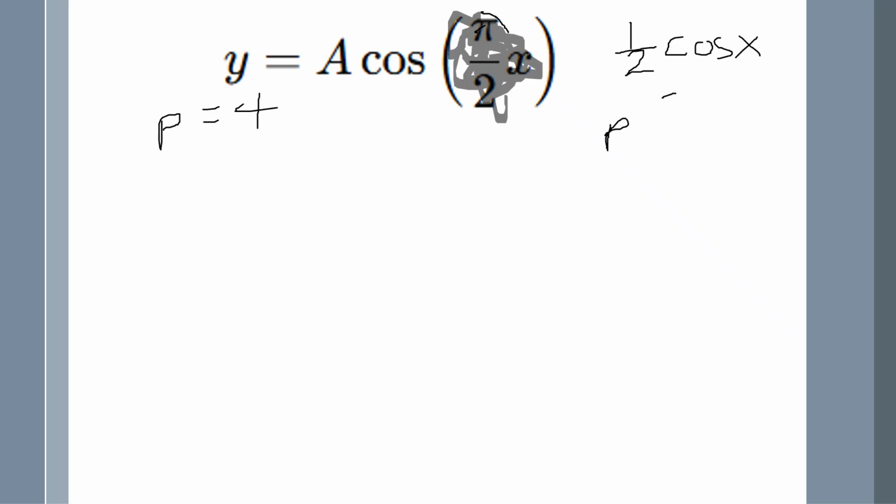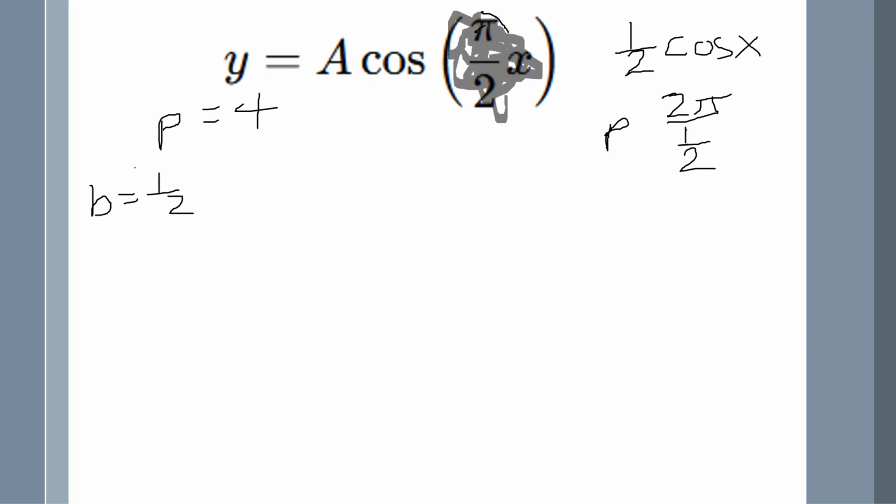So we're going to use the formula: period equals 2 pi over b. Now, to get the period to be 4, why don't you just let b be 1/2? So that means the period is going to be 2 pi over 1/2.